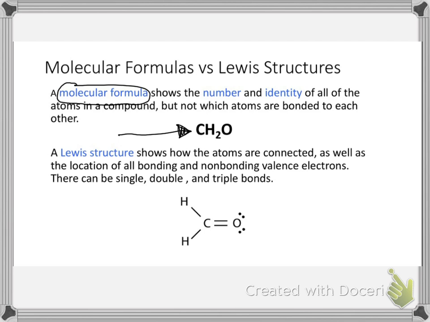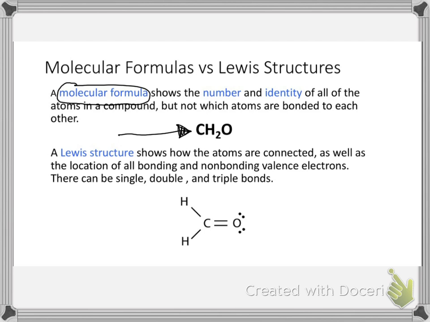And so that helps us understand bonding. But Lewis structures, we will discover, also help us with the shape of molecules and with their polarity, which are two other things that we'll talk about. So it's not just about how they're bonded. It helps us with other things.